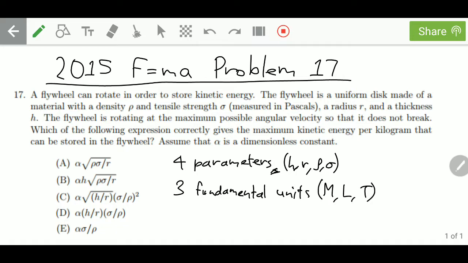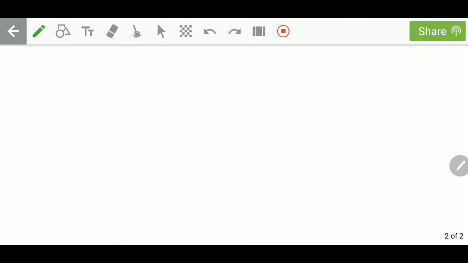And thus you can see that this is most likely going to be an overdetermined system. However, since this problem is being given to us, we know that there should be some way of solving it.